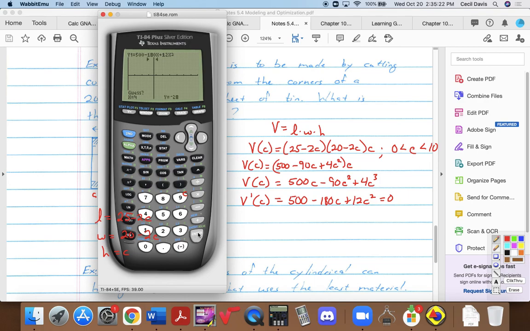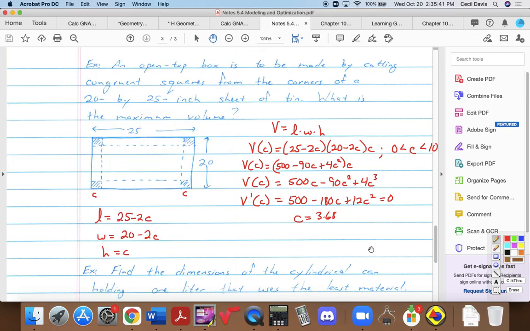Everybody have their guesses locked in? I was the closest. No, you weren't. That's why he said, does everybody have their guesses locked in, so that nobody can change it in the last minute. Your locked-in guess was 3.73.